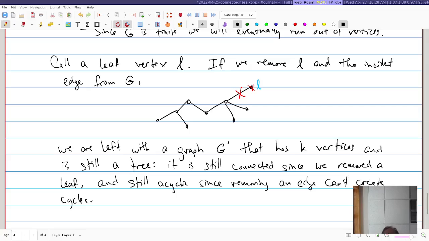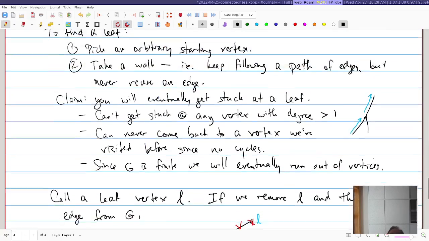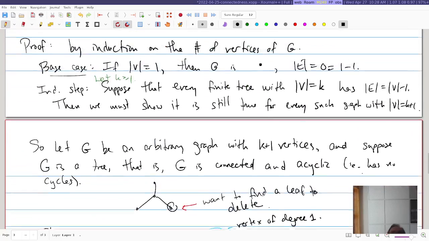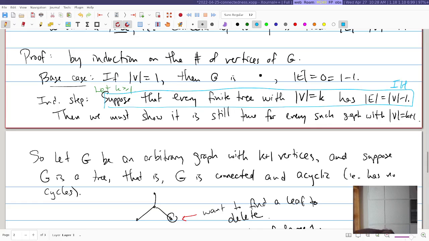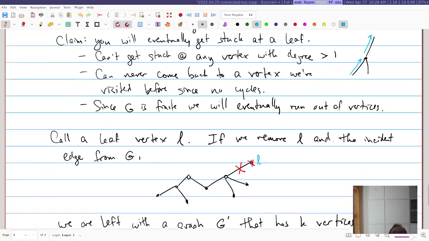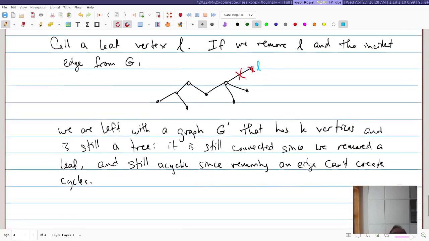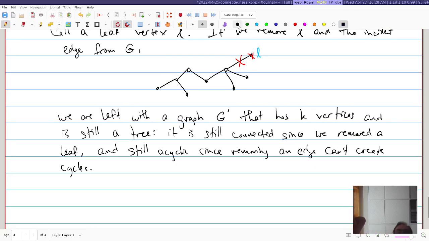Okay? So our induction hypothesis says, here it is. This is our induction hypothesis here. If we have a finite tree with k vertices, then it has k minus 1 edges. So we conclude, right, this G prime is indeed a finite tree with k vertices.